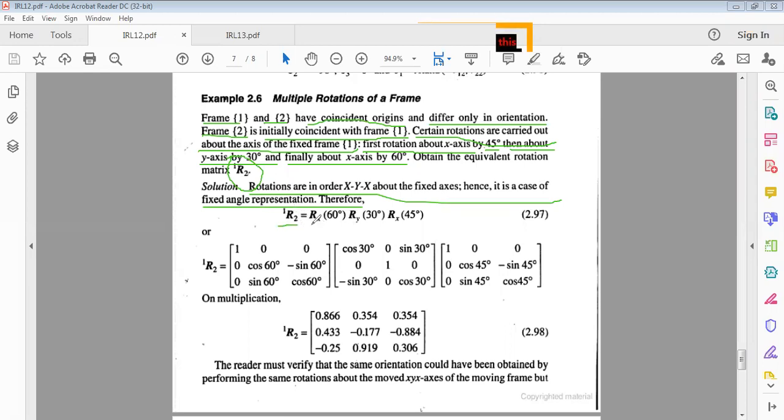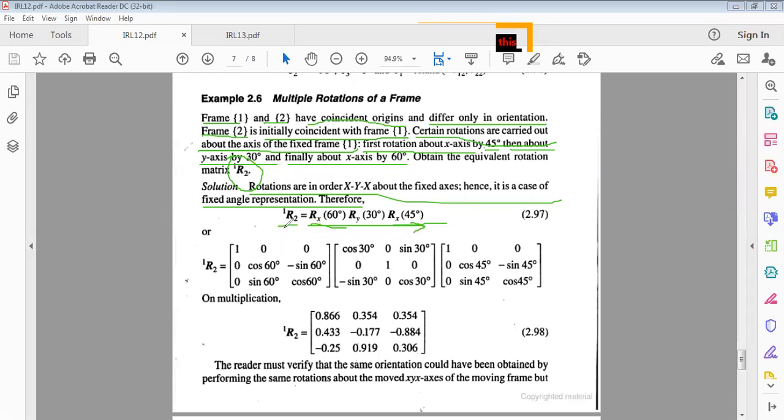First we write the last action, which is Rx of 60 degrees, followed by the action about the y-axis by 30 degrees, and followed by the first action about the x-axis by 45 degrees. In this sequence we have to write the rotations.